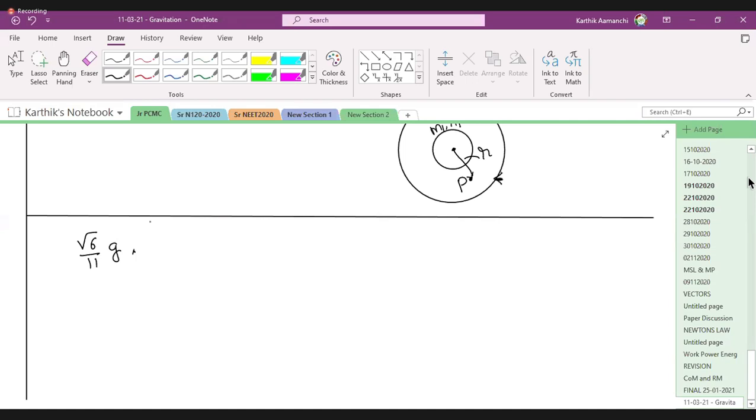What is the escape velocity on Earth? 11.2 kilometers per second. What is the escape velocity of this planet?